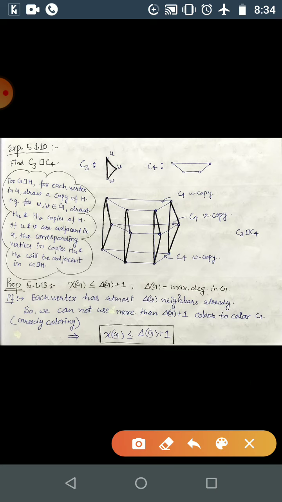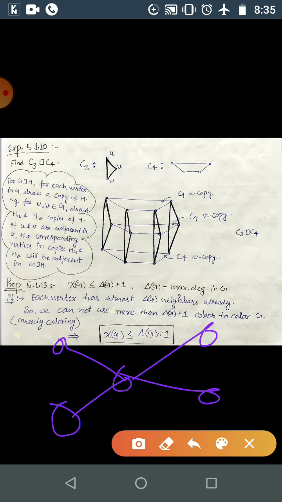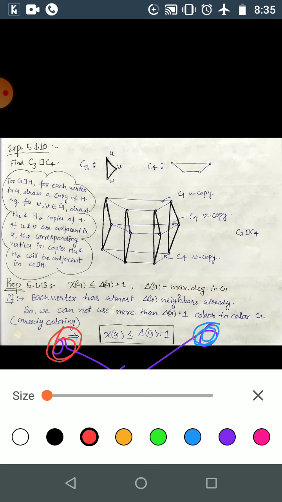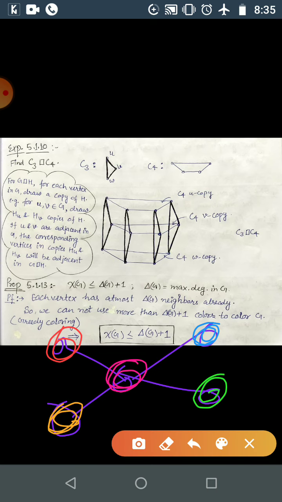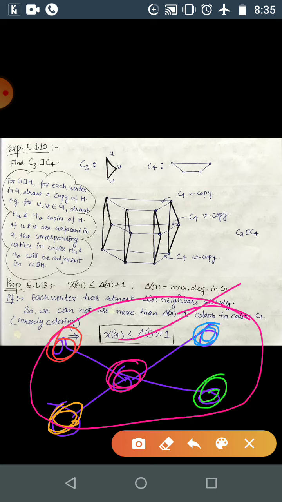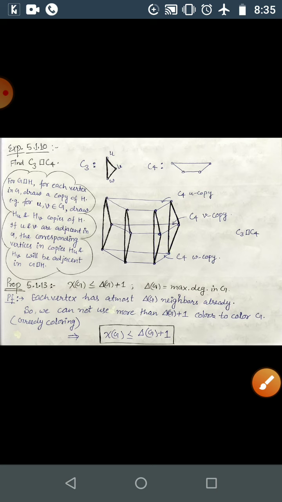Even if we use different colors to color the neighbors of this vertex, then you can use 4 here if 4 is the maximum degree. And what about this vertex? It is not colored by any of these, so you need to use some other color. The maximum degree was 4 here, so 4 plus 1, and you cannot use more than that.